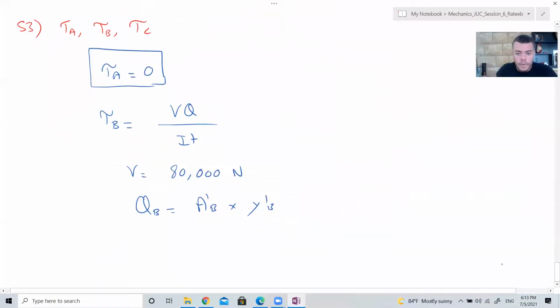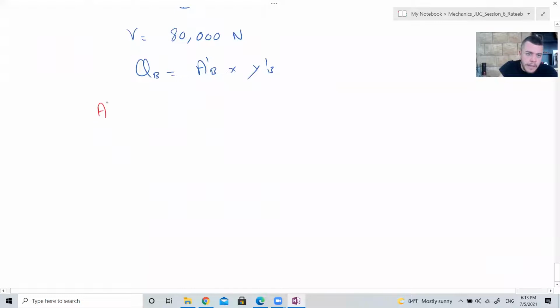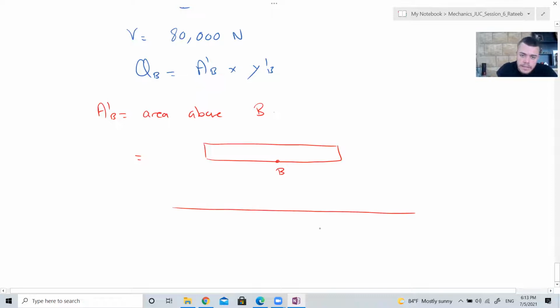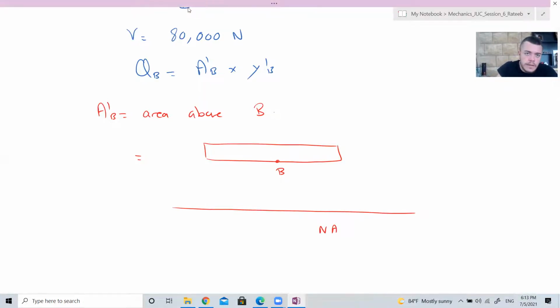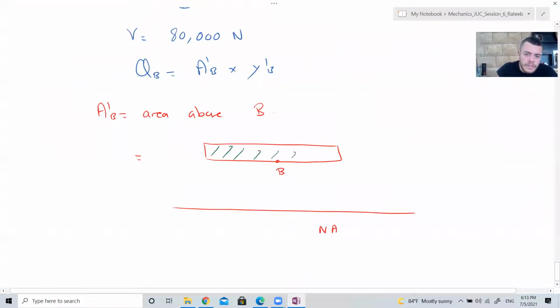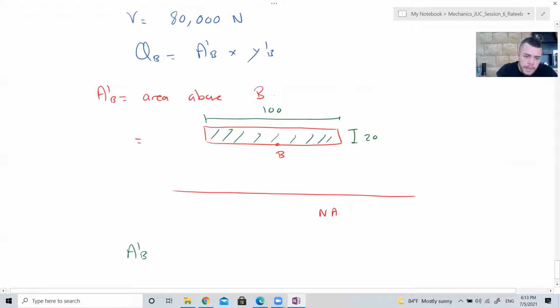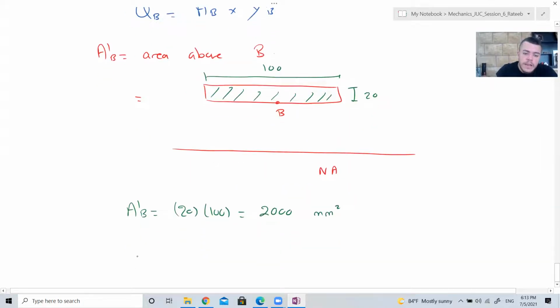So if I work with the area prime at B, it's the area above B. This is point B, and this is the neutral axis. This area prime is 20 times 100, so area prime at B is 2000 millimeters squared.